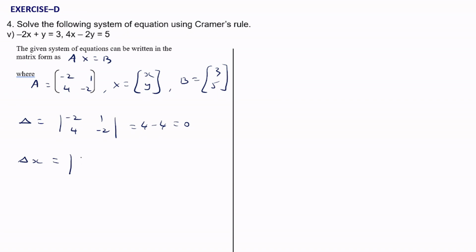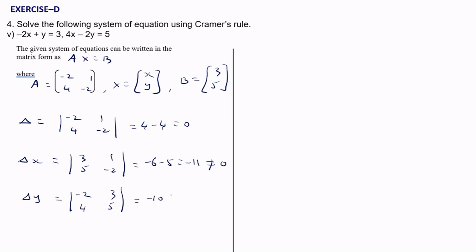So again we are having a problem since we got this as equal to 0. Now delta x is the determinant of 3, 5, 1, minus 2. This will be minus 6 minus 5, minus 11. This is not equal to 0. So now itself it is decided that the given system of equations is inconsistent and it has no solution. Delta y will be the determinant of minus 2, 4, 3, 5.